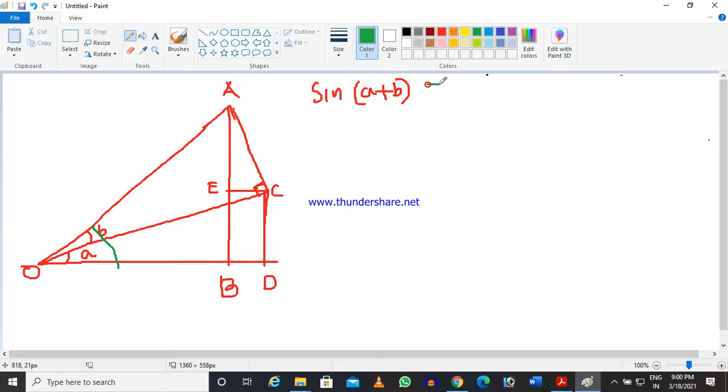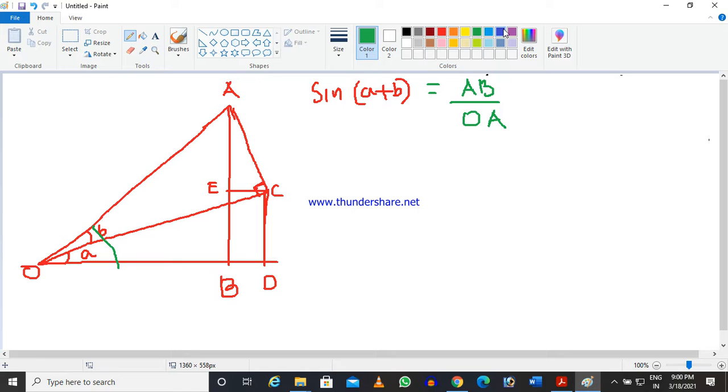If I consider the triangle AOB, then sine means opposite by hypotenuse, so sin A is AB by OA.